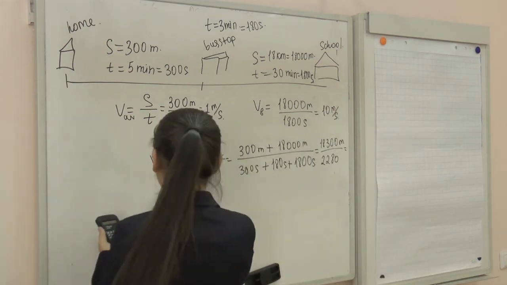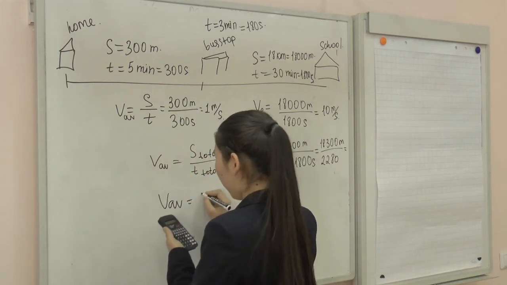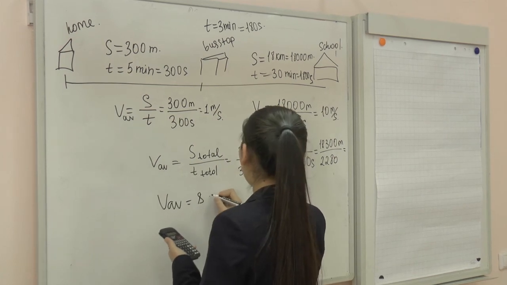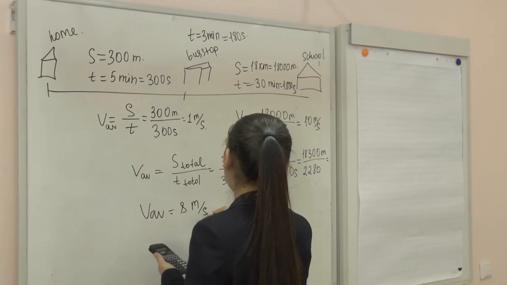So the average velocity is equal to 8 meters per second.